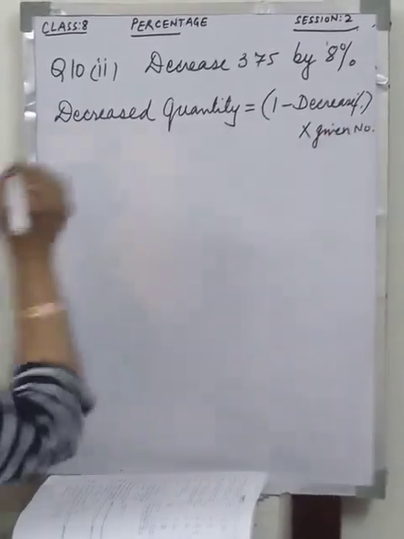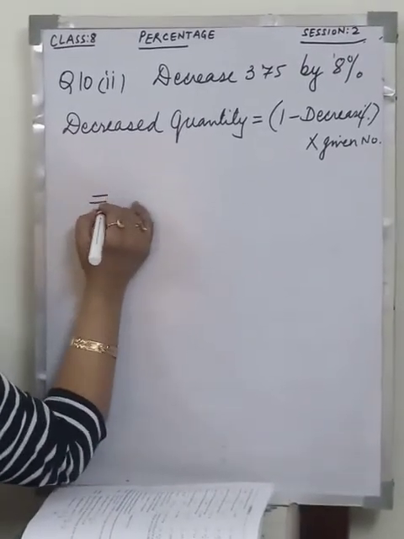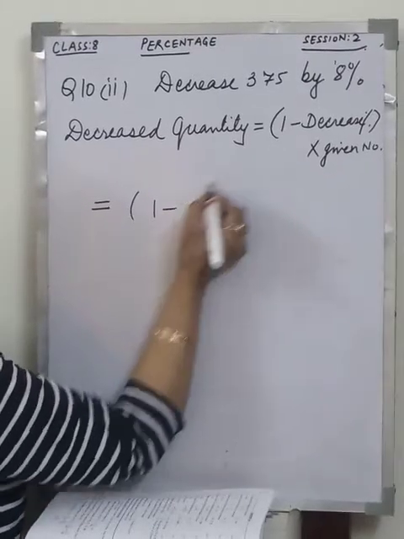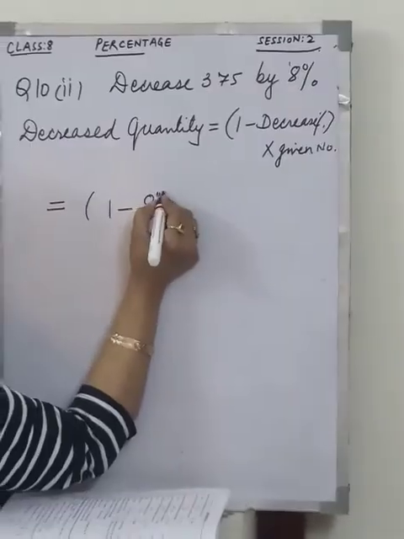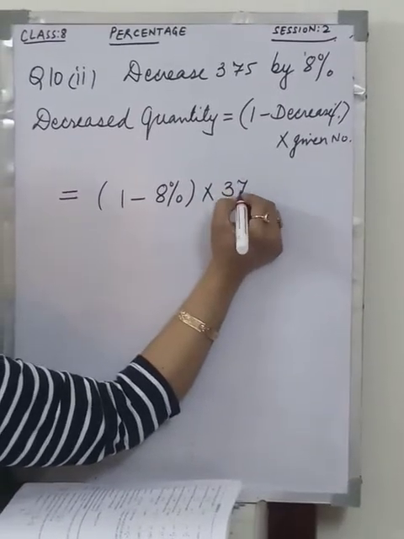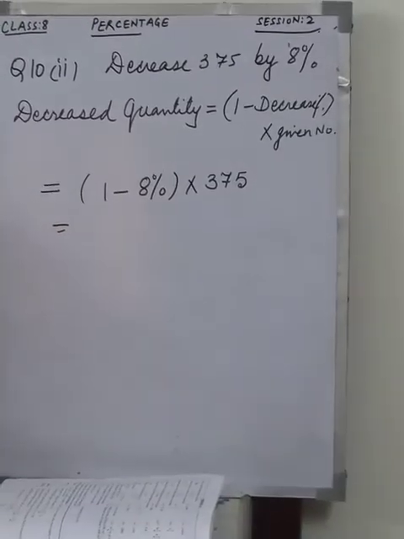Students, do not forget to write the formula. So decreased quantity we are looking for, and I put the values given here. 1 minus decreased percent, which is 8%, and the number to be decreased is 375.